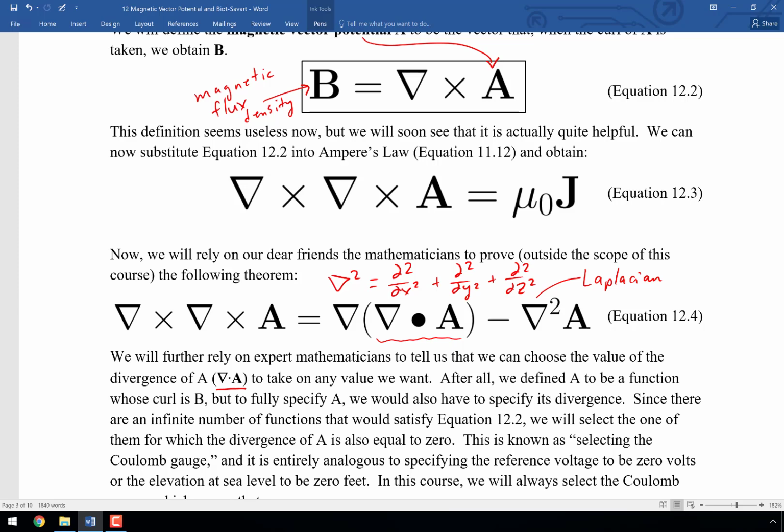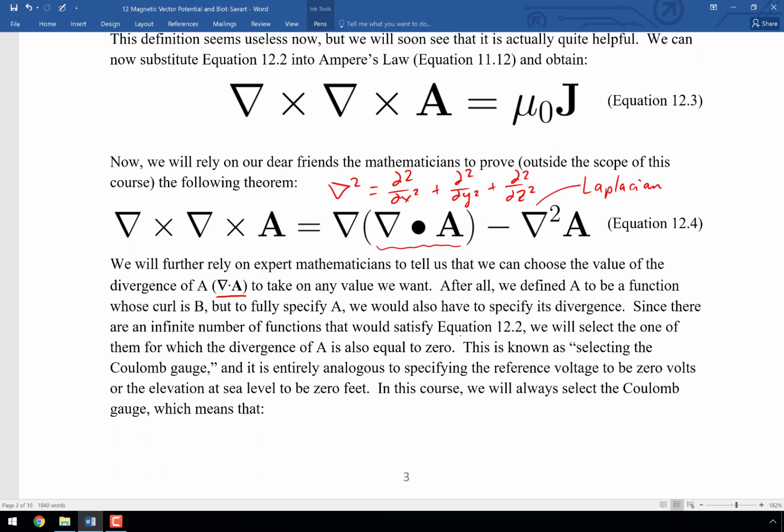And so the reference point, we typically take that to be ground, and all other voltages are measured relative to ground. In the same way, choosing the divergence of A is sort of like setting that reference point. Now we're going to do something known as selecting the Coulomb gauge. Now that's not helpful words.